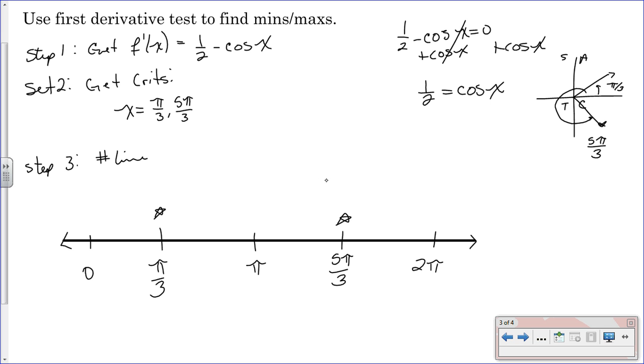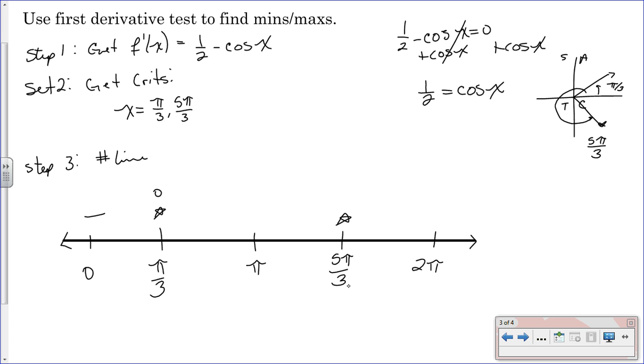So now you plug these into f prime. If you plug in 0, 1/2 minus the cosine of 0, which is 1, you're going to get a negative number. If you plug in pi over 3, the cosine is 1/2, so 1/2 minus 1/2 is 0.